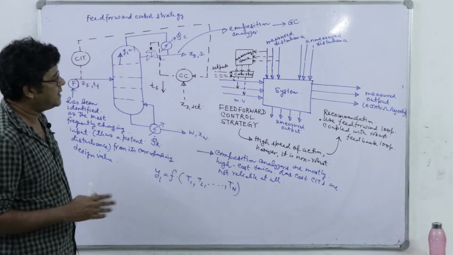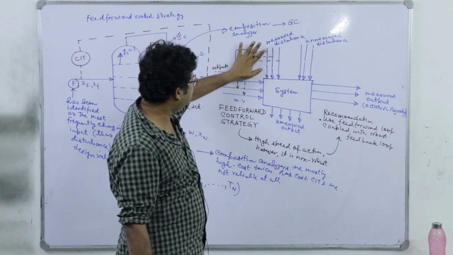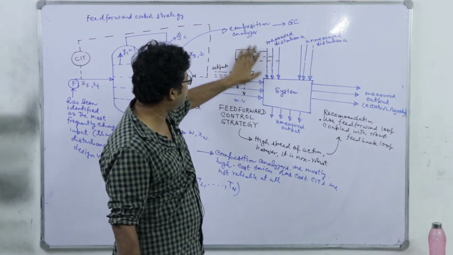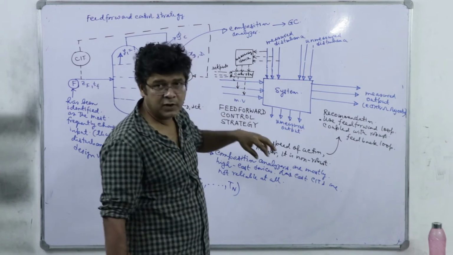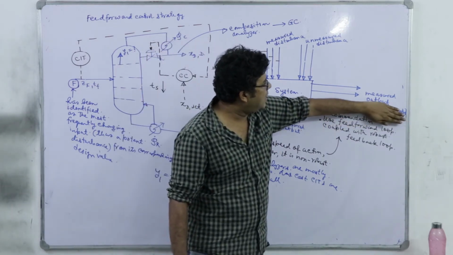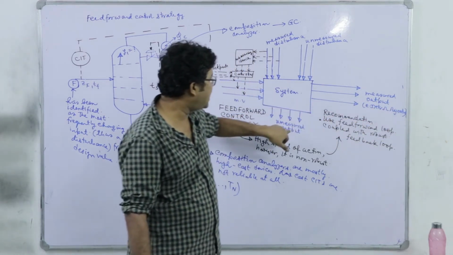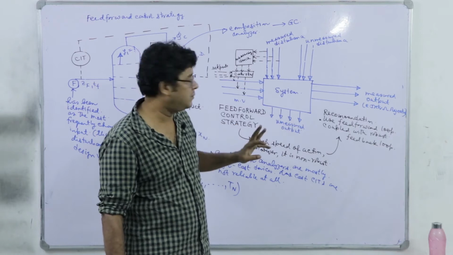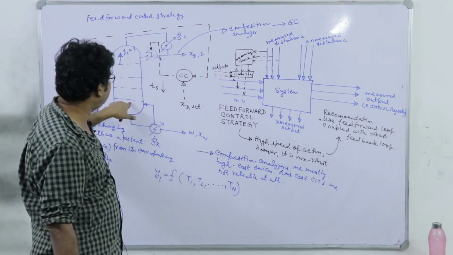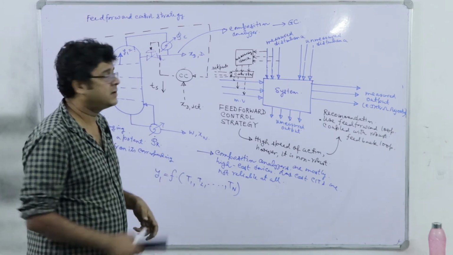So the point is, if you look at the general structure of that system, do not consider the control loop we have drawn for the feed forward strategy. There the problem is that our measured output is not my control objective, whereas my unmeasured output is my control objective, because XD I am not measuring, that is my control objective. What I am measuring is the temperature gradient in the trays, but that is not my control objective, right.